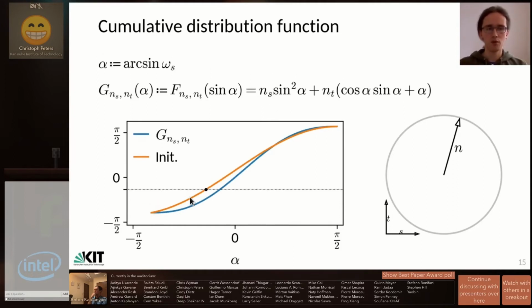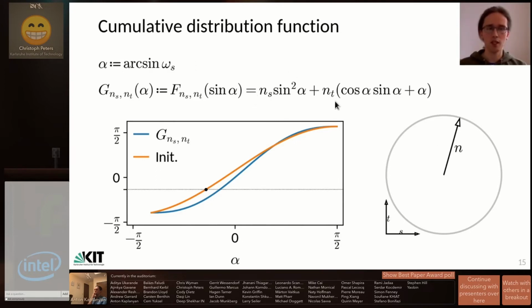Of course, we have to refine this initialization further, so we need an iterative procedure now, and for this to work, we use a change of variables. Instead of working with the s-coordinate of the sample direction, we work with an angle alpha, so we have warped our x-axis here. And this warped function g is very well behaved.